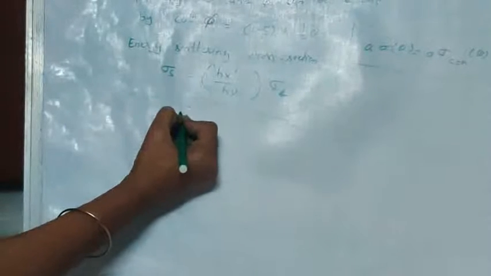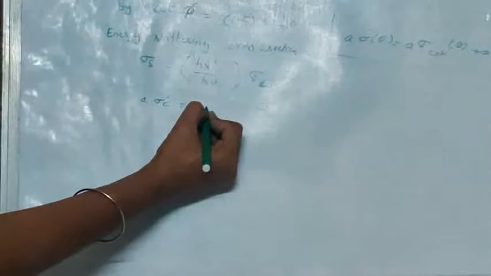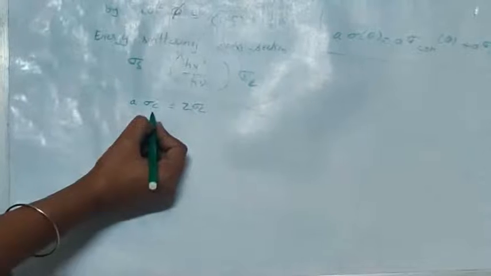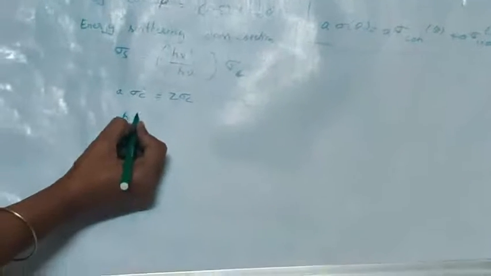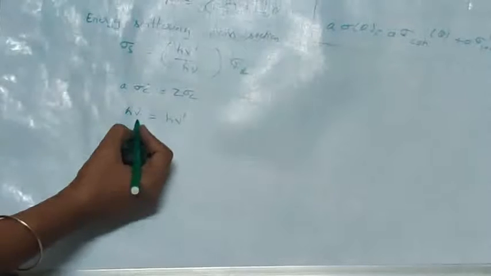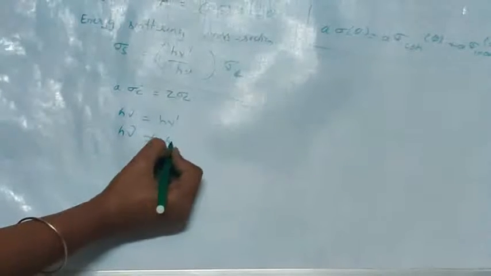Now we are going to consider the atomic Compton cross section, which is given by A sigma c equal to Z sigma c. This equation represents the atomic Compton cross section. Now this scattering is coherent when h nu is equal to h nu dash, and this scattering is incoherent when h nu does not equal h nu dash.